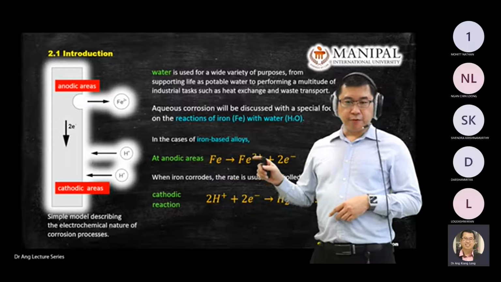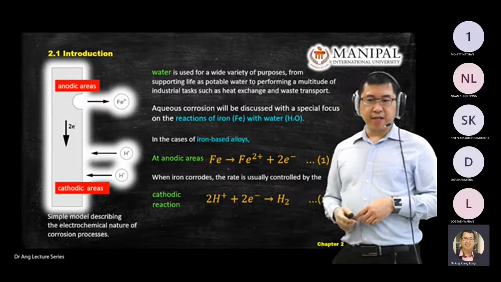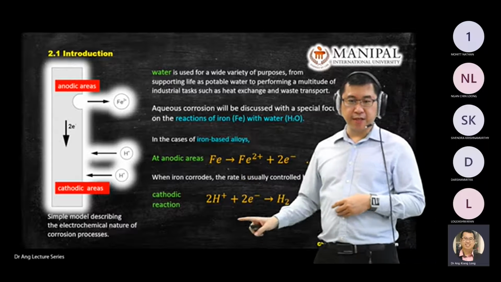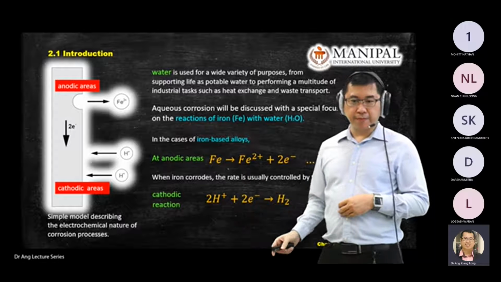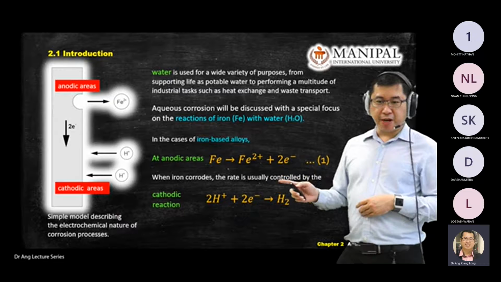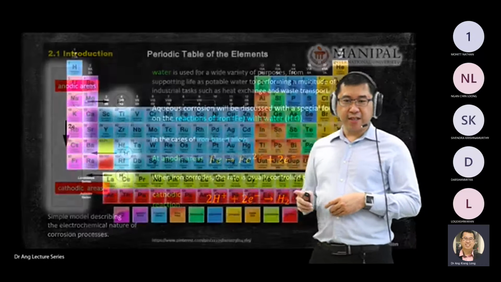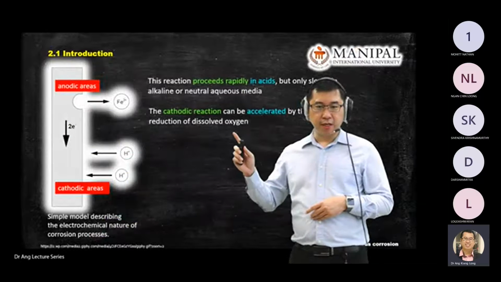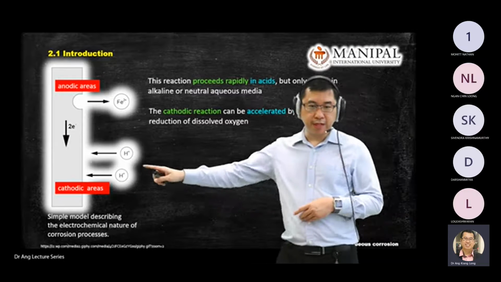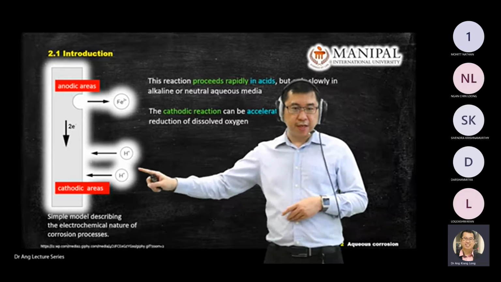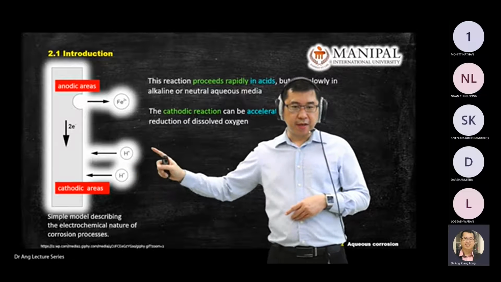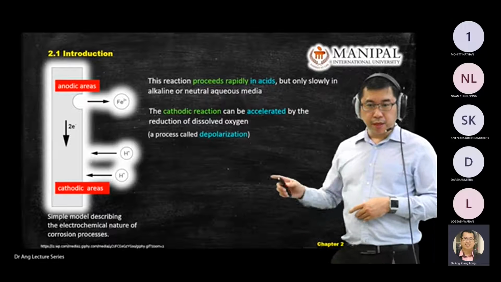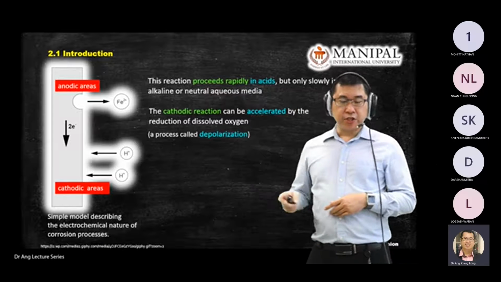Now, if you look at the environment factor, this was the material factor. What happens if, in the environment, you add in another one? If you have oxygen around the metals, depolarization will happen.